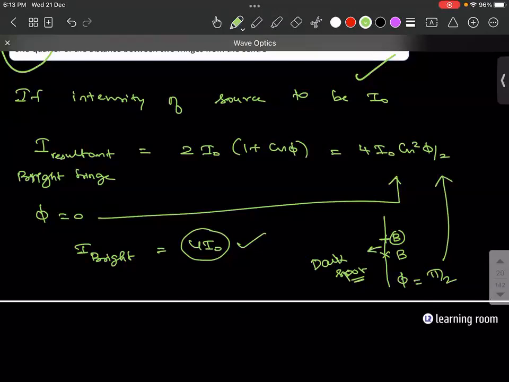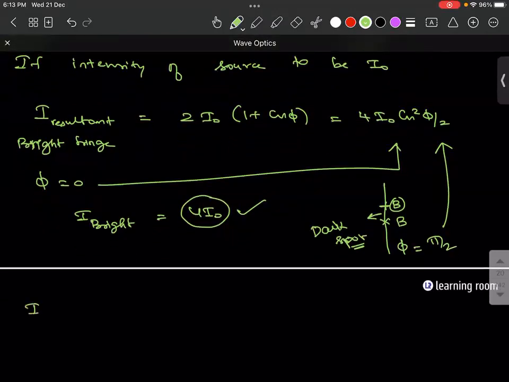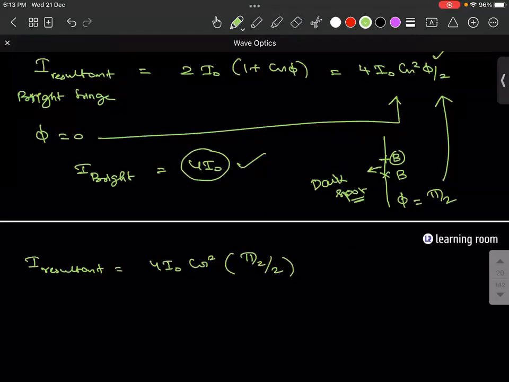So when you substitute this value here, what is going to be the value of I resultant? It will be 4 I naught into cos square, in the place of phi put pi by 2, and you have a by 2 here.